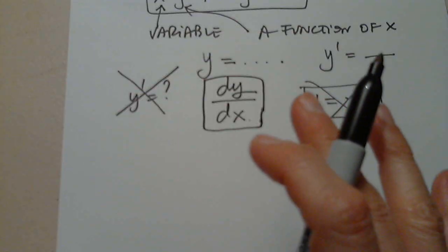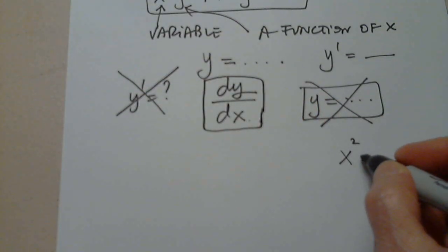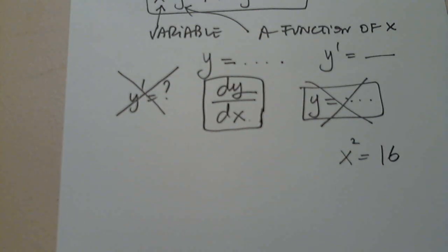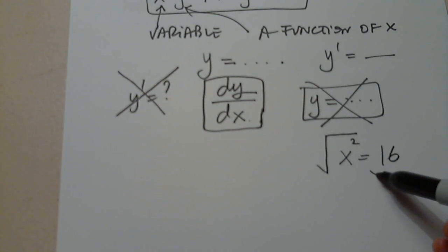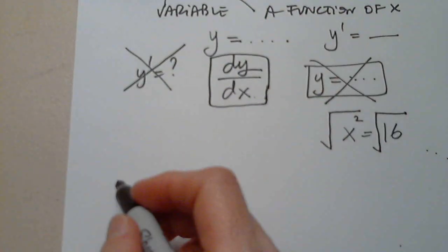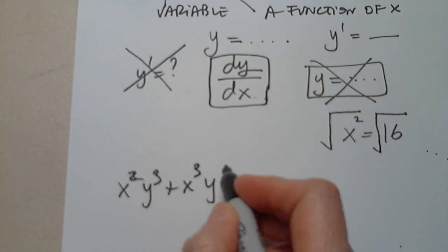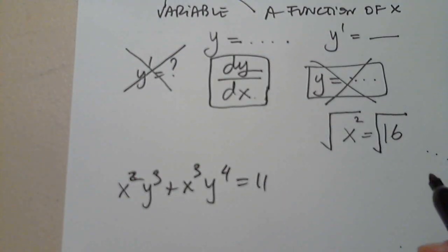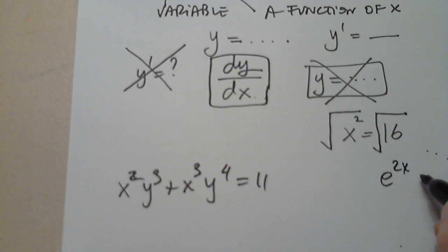So I would be using this notation. And one other thing, remember we just solved the equation x squared was, I don't remember, 16. And we applied the same procedure to both sides. In this equation, x squared y to the third plus x to the third y to the fourth equals 11, the same thing. If you remember, we had e to 2x equals 2.